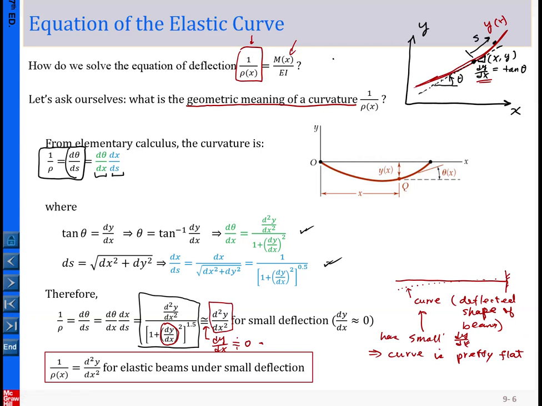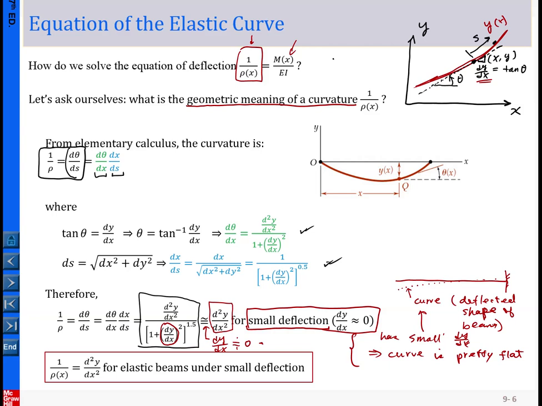The deflection looks pretty much like a horizontal line. So that means small deflection. Here I explained what small deflection is in terms of the deflection of the beam.